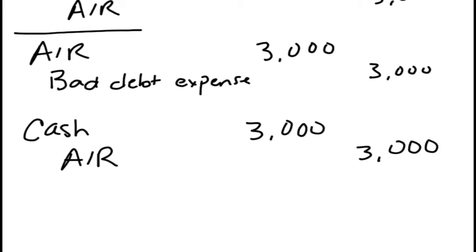Now, the allowance method is different. That was direct write-off. Under the allowance method, each year we're going to make up an allowance for what we think will be uncollectible.